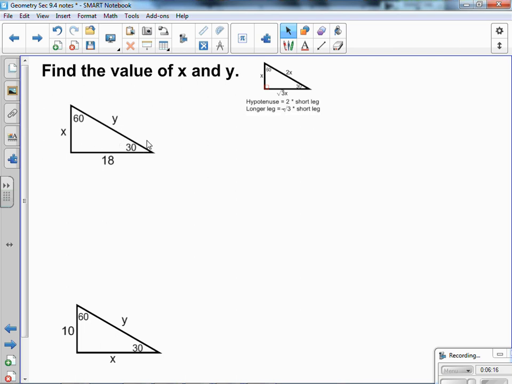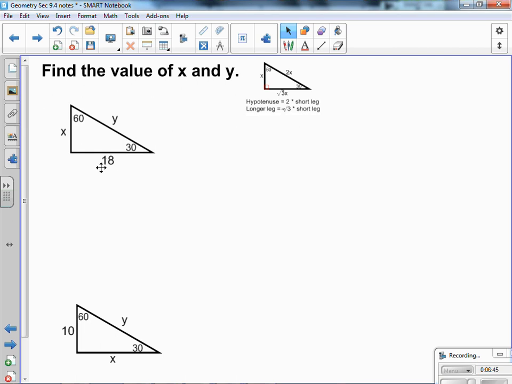So in a 30-60-90, in order for me to figure out the hypotenuse, I have to first figure out what the short leg is, because the hypotenuse is 2 times the short leg. So given the long leg, I have to find the short leg to get the hypotenuse. If I was given the hypotenuse, I would still have to find the short leg to find the long leg. Right? So that short leg is kind of the key to the answers for everything.